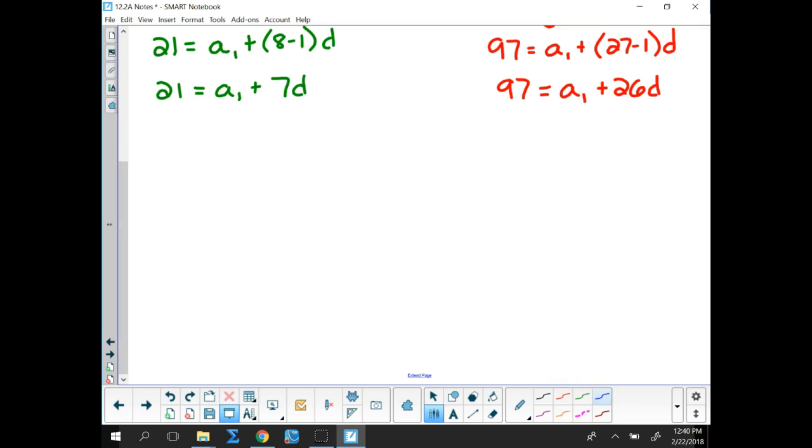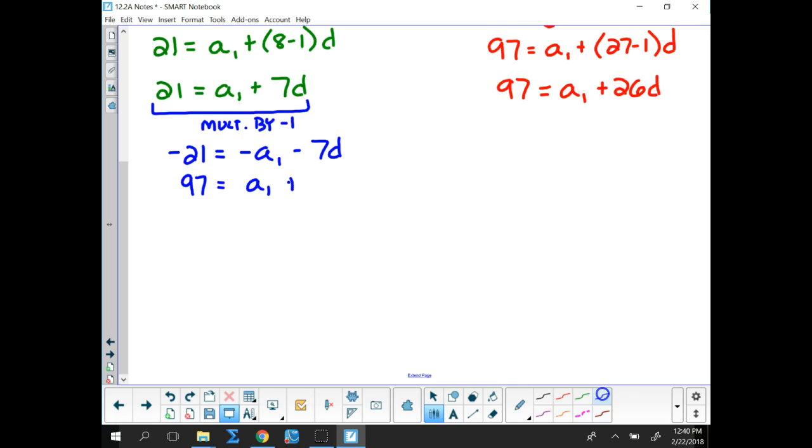So if I do that, I'm going to say negative 21 is equal to negative a sub 1 minus 7d. I multiplied this equation by negative 1. 97 equals positive a sub 1 plus 26d.